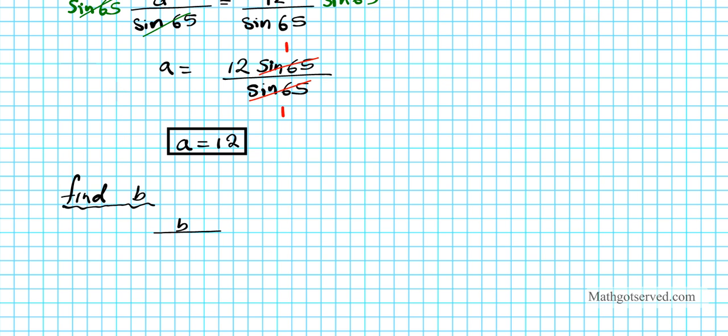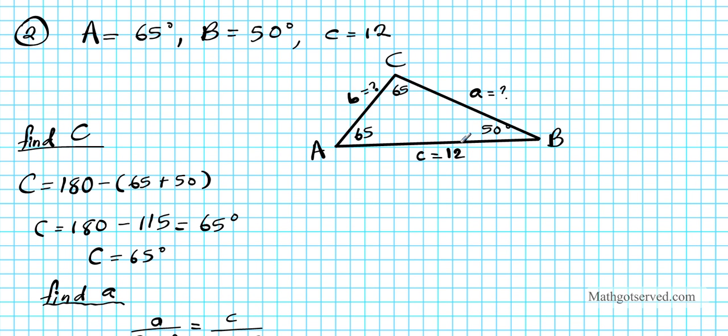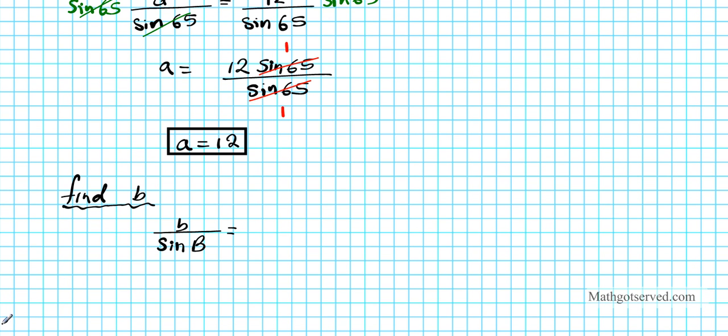So little b over sine B equals, now the next pair I select, I have to know it, the big and the small. So let's see, we can use a or c. They are both nice figures, they haven't been approximated, but since this is part of the original question, let me just use c. Okay, so I'm going to use big C and little c, so little c divided by sine big C.